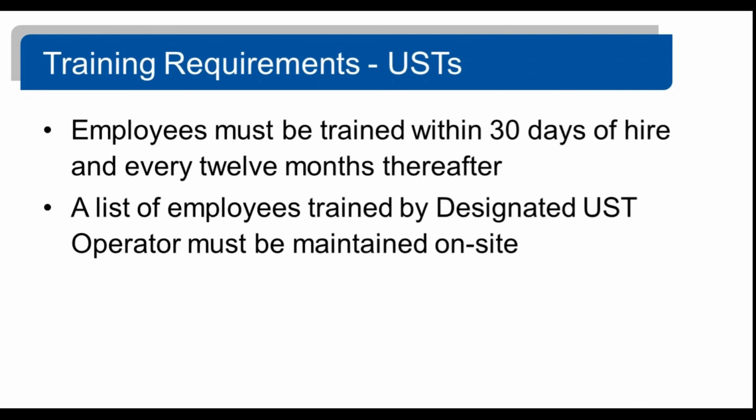Now, these employees who are subject to the UST training requirement must be trained within 30 days of hire and every 12 months thereafter. Additionally, facilities that have USTs must have a list of employees that have been trained by the designated operator, and this list must be maintained on site at all times.